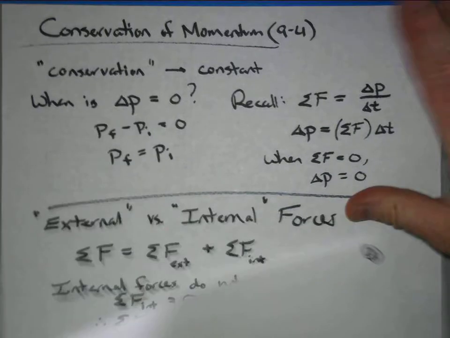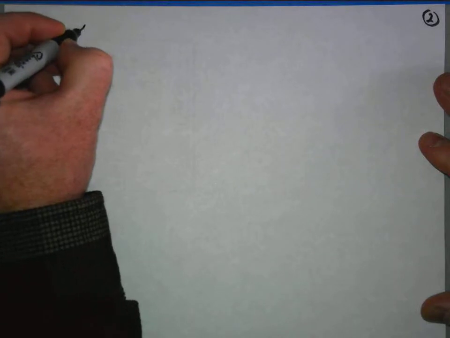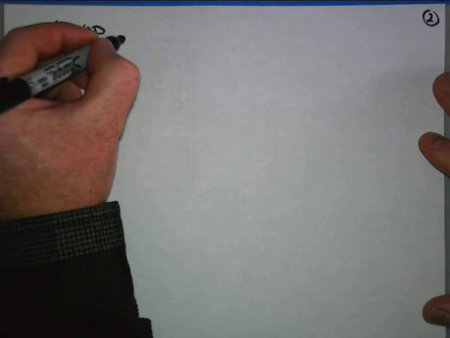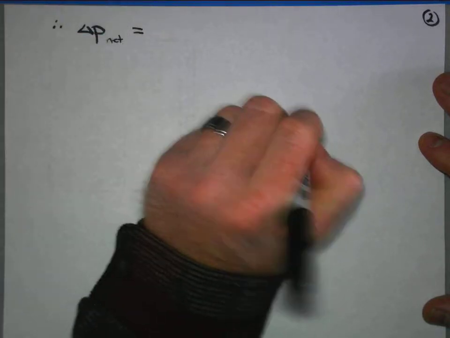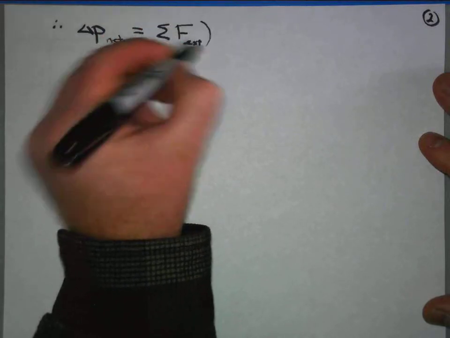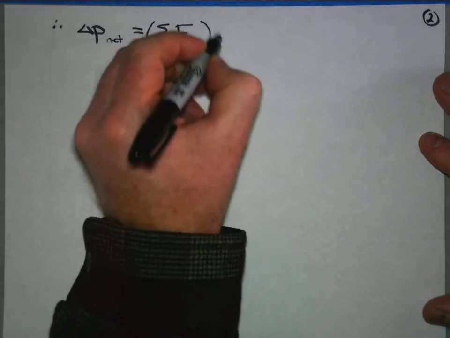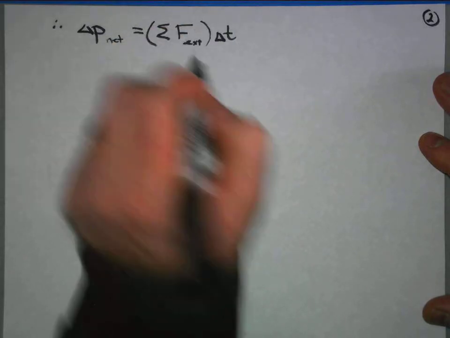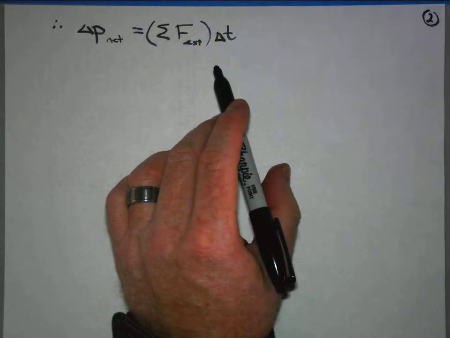Because of this, we can have another therefore. The change in the net momentum of a system is going to be equal to only the sum of the external forces multiplied by the time interval over which those forces act, right?